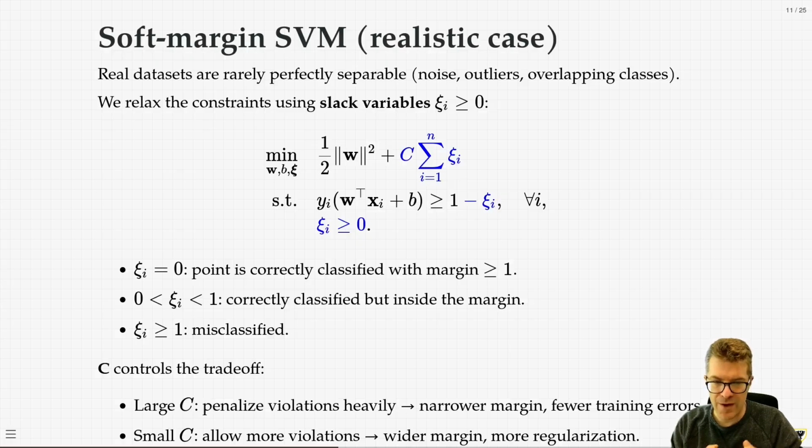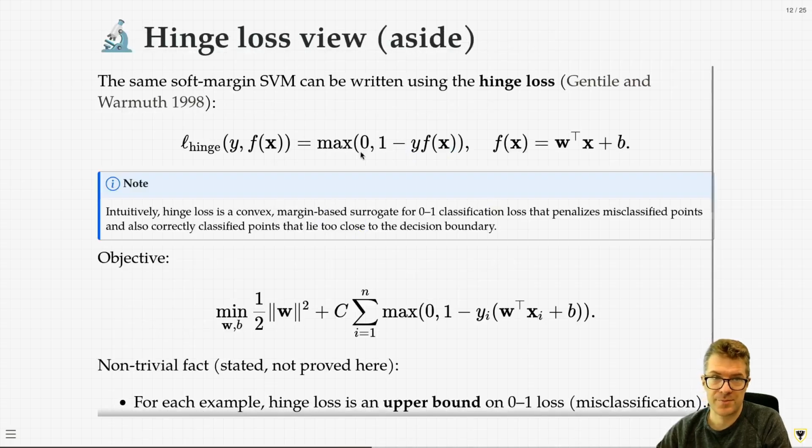So big values of C mean violations are heavily penalized, which results in a narrower margin and fewer training errors. Small values of C allow for more violations. It's okay to have a margin being very big, but then that results in some data points being in the margin or on the wrong side of the decision boundary. This is essentially doing more regularization.